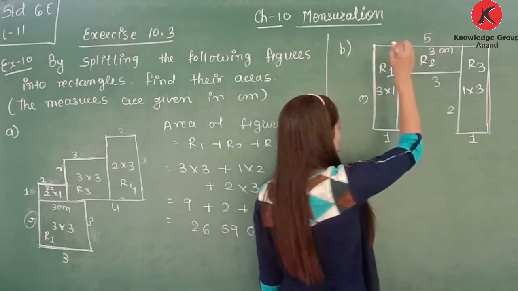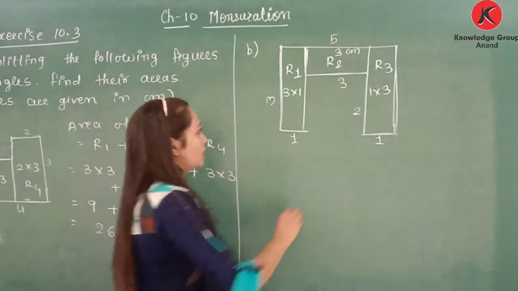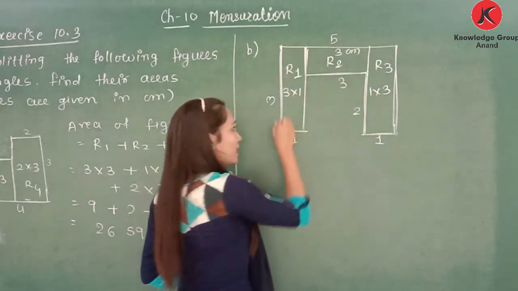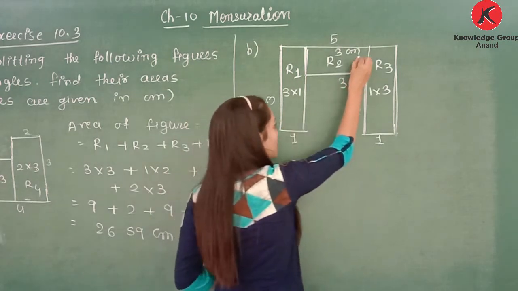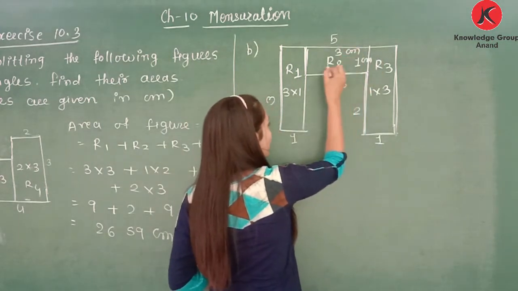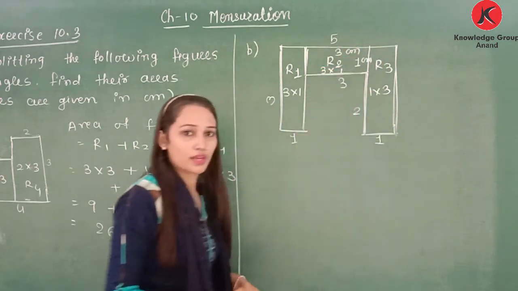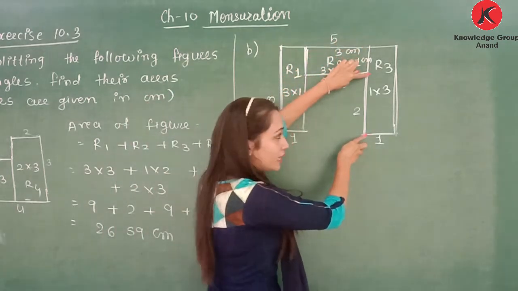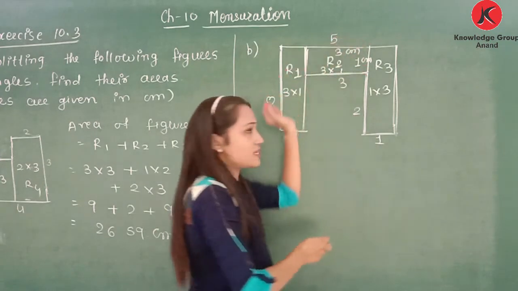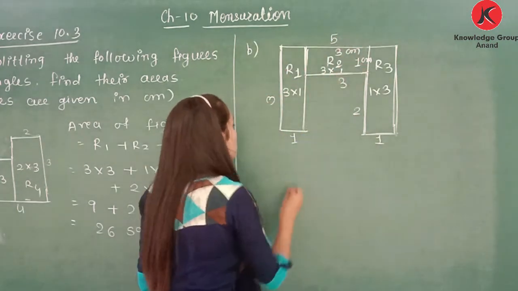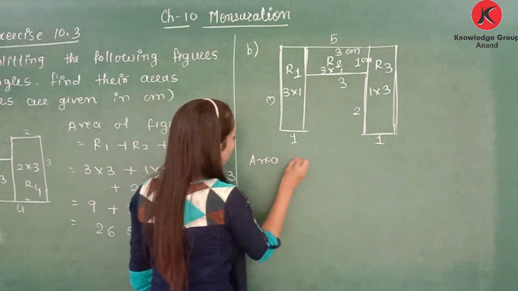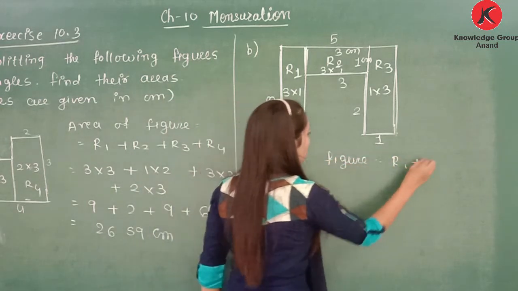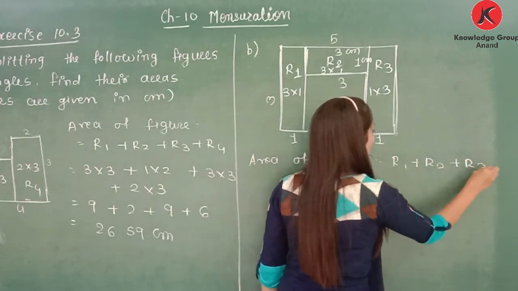So this length is 3 centimeter, and what will be this length? We need to find this length. You can see this part is 2 centimeter and this whole length is 3 centimeter. So this is 1 centimeter, and the area will be 3 multiply 1. So the area of the figure is R1 plus R2 plus R3.